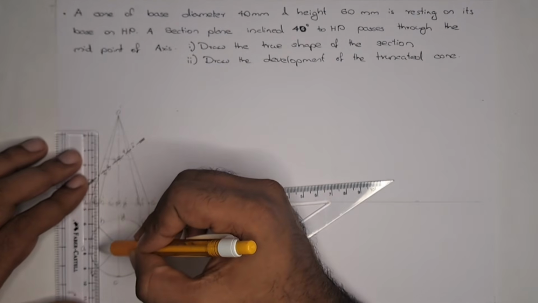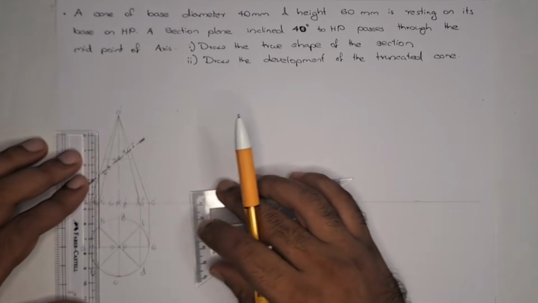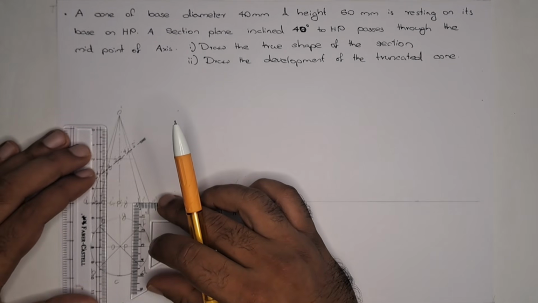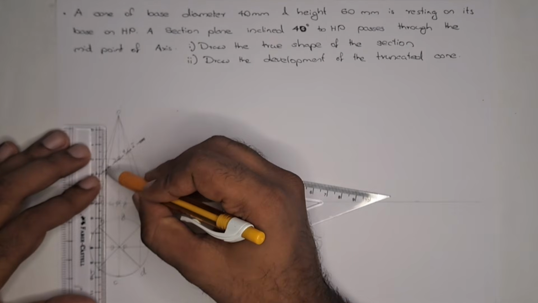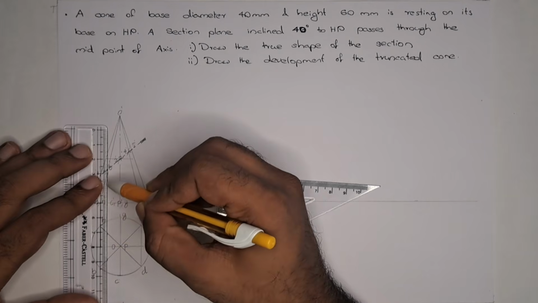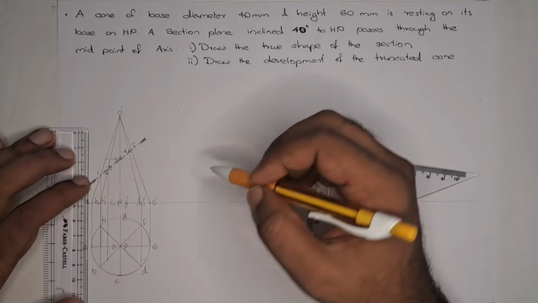One to OA, so one here. 2 for OB and OH, 2 and 8.